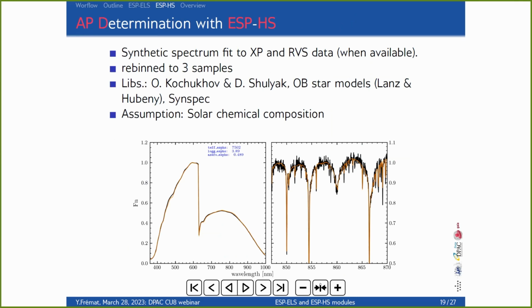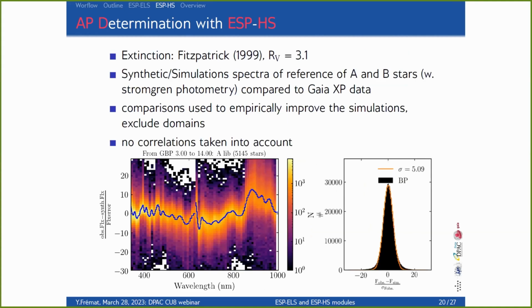Now, about the ESP-HS module. It's based on the minimum distance method, where we fit the XP and RVS data using synthetic spectra. Here we have some details about the libraries that have been used, NLTE for the hot stars and LTE for the cooler ones. The main assumption we made for cycle 3 is that we fix the chemical composition to a solar value.